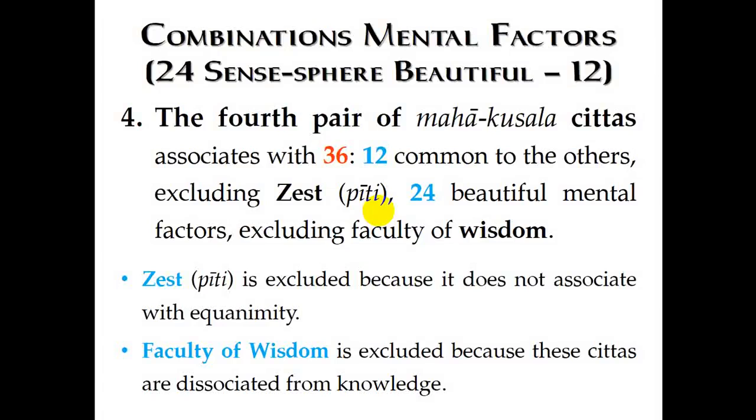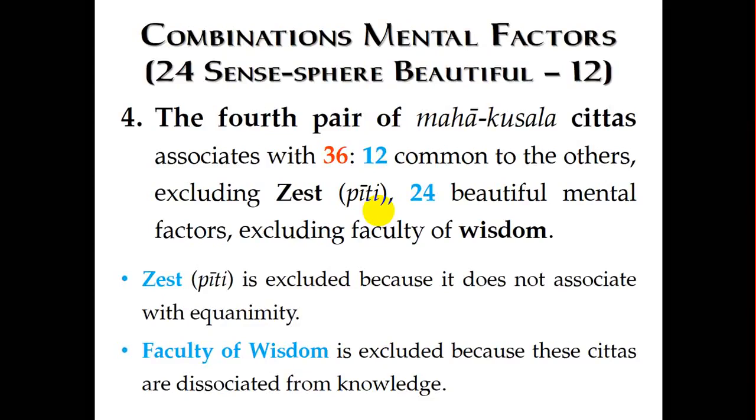But when we talk about the two illimitables, compassion and altruistic joy, when we practice compassion and altruistic joy, our object of mind is sentient beings, right?